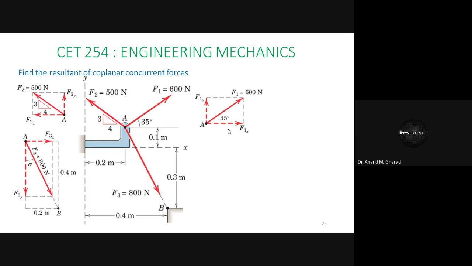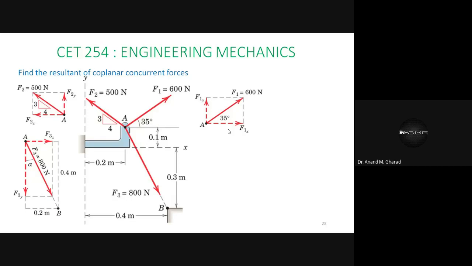Based on their directions, we decide the positive and negative sign, in short, the sign convention. We will adhere to the sign convention, which says that a horizontal force acting in the positive x direction, pointing towards the right, is considered the positive component of the force.